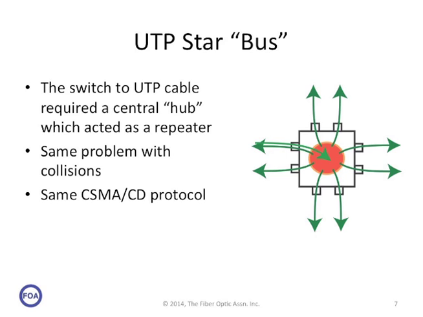You would have collisions. You would still have to use the same CSMA/CD protocol. The users would back off, wait a random amount of time, and try again. But you had the same problem in that the more users you had, the more likelihood you had of collision, and the less the efficiency of the network.